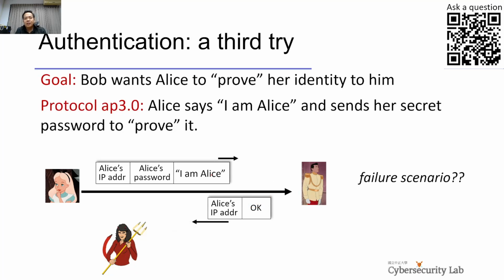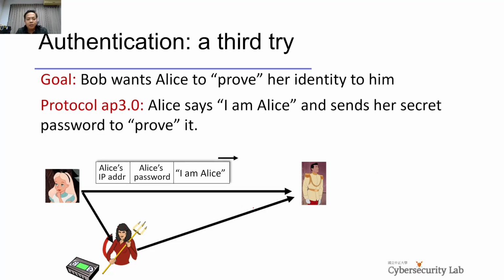A third approach is that Alice says, I'm Alice, and sends her secret password to prove it. After reading the message, Bob sees it is from Alice because of the IP address and the password. But what is the potential for failure?